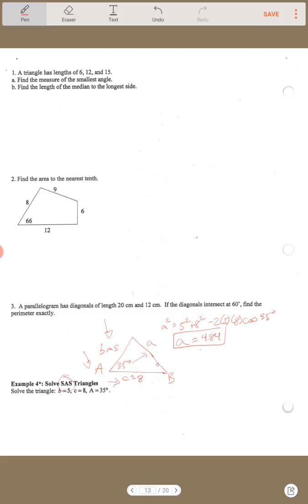Now we need to find the other two angles. So since we have 4.84, now we can actually use the law of sines and say sine of 35 degrees over that value, 4.84, is equal to, let's go ahead and solve for B first, sine of B over 5. And from there we can move the 5 over: 5 over 4.84 times sine 35 will give us sine B. And now let's just enter that into the calculator.